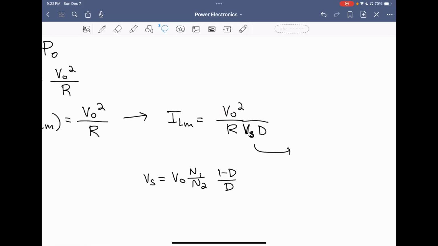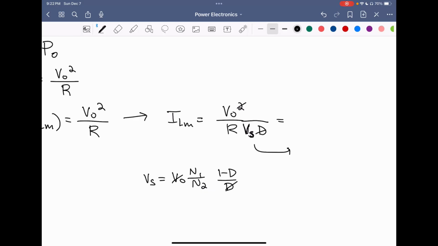So if we substitute this in, the V outs will cancel, and the D's will cancel.